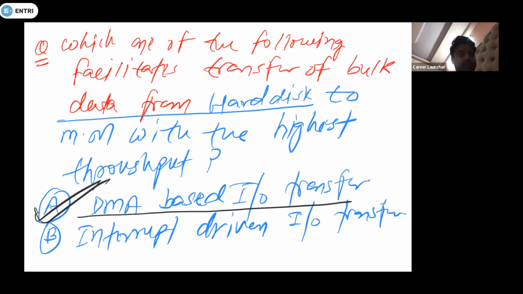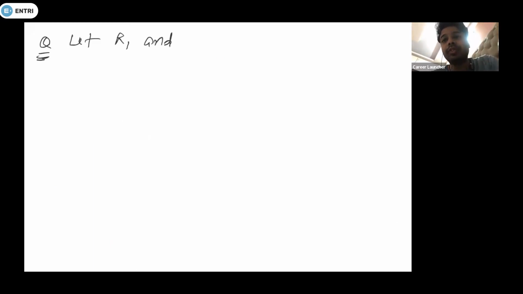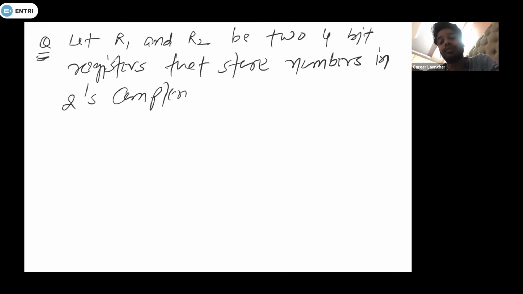So next one is: let R1 and R2 be two 4-bit registers that store numbers in 2's complement form.